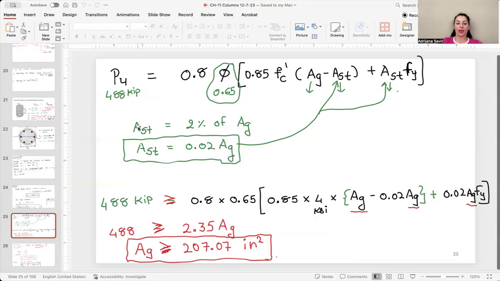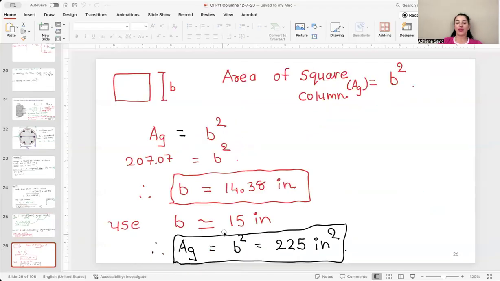When we use, instead of area of steel, 0.02 gross area of column, and plug in our numbers, we obtain that 488 kips has to be equal to or higher than 2.35 area gross. So area gross has to be higher than 207.07 inch square. Square root of this will give me b to be 14.38 inch.